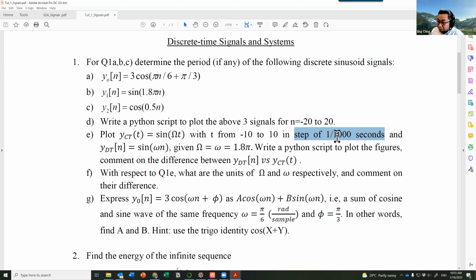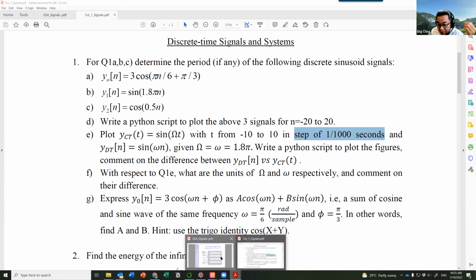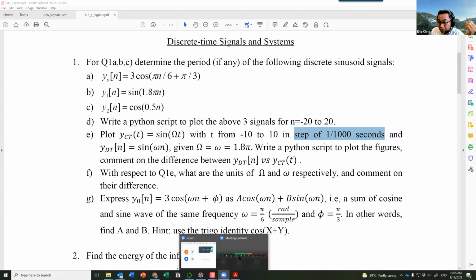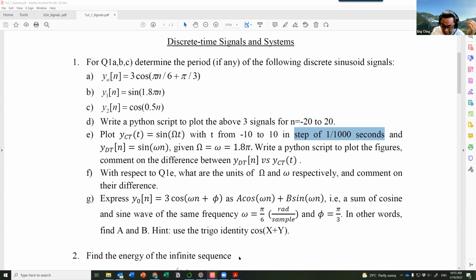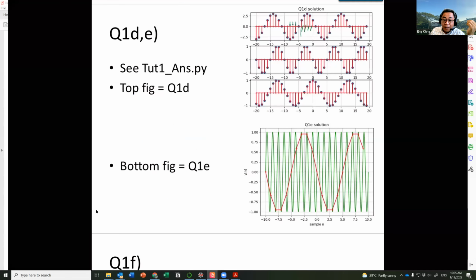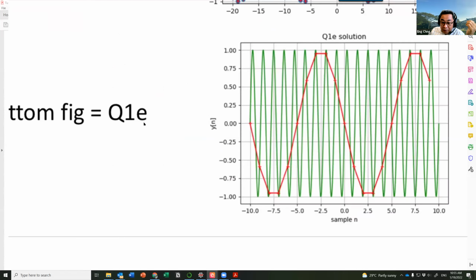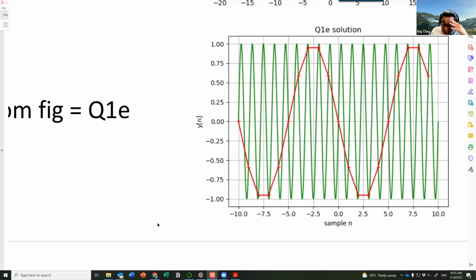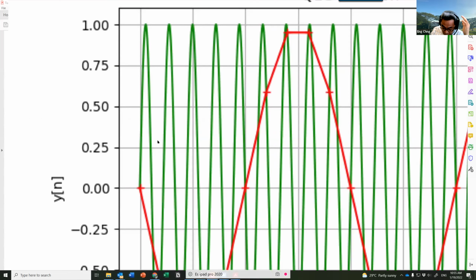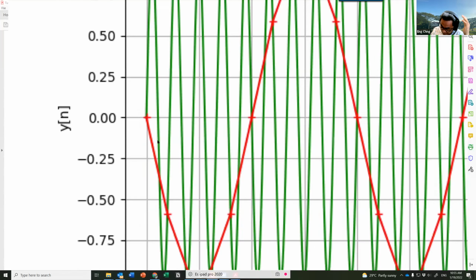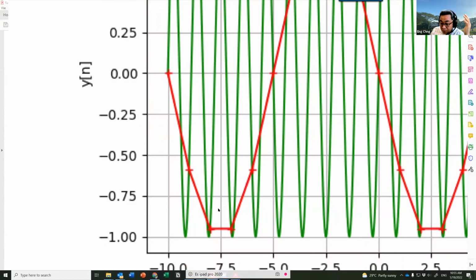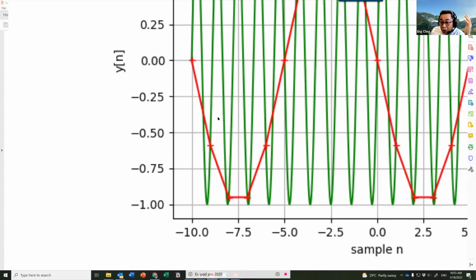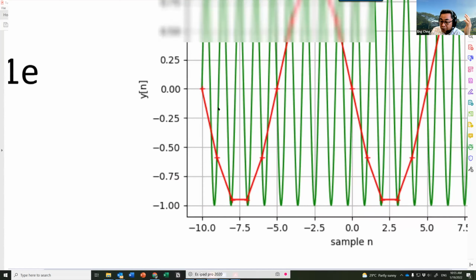However, we fool ourselves. When we plot with very, very fine precision, we see a curve. So this is what we see. At the bottom, the green guy is the curve, and I'm plotting from -10 to 10, and each point I'm plotting is very, very close to the others.